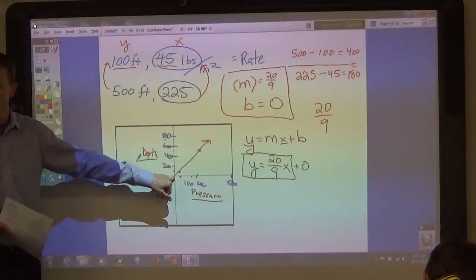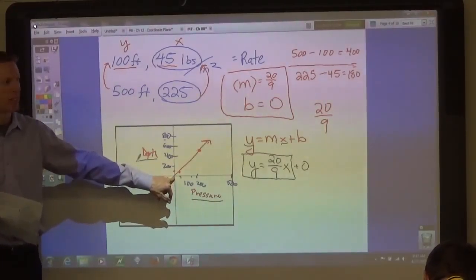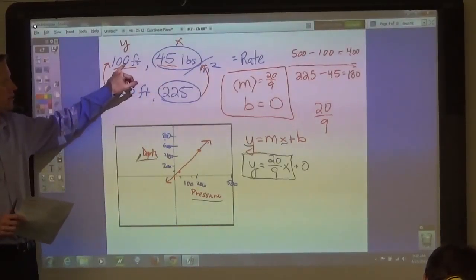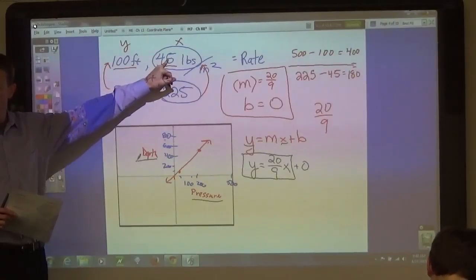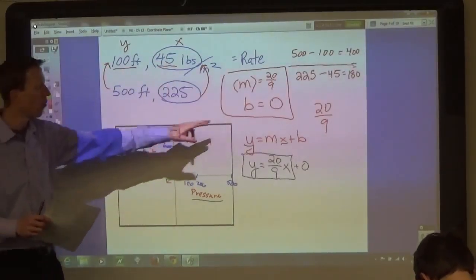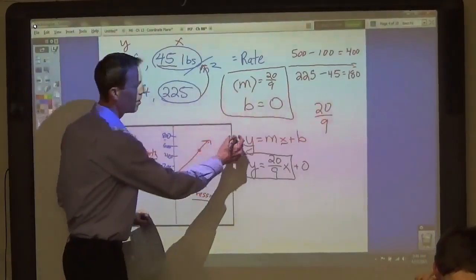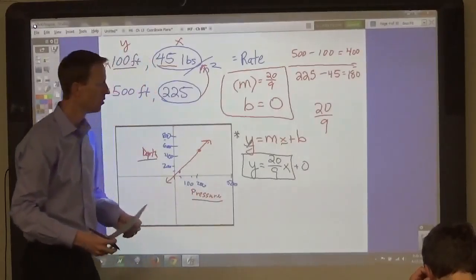That's our y-intercept. Then you have to find the slope using the slope formula, y2 minus y1 over x2 minus x1. Once we know the y-intercept and the slope, then use the slope-intercept form to write the equation.